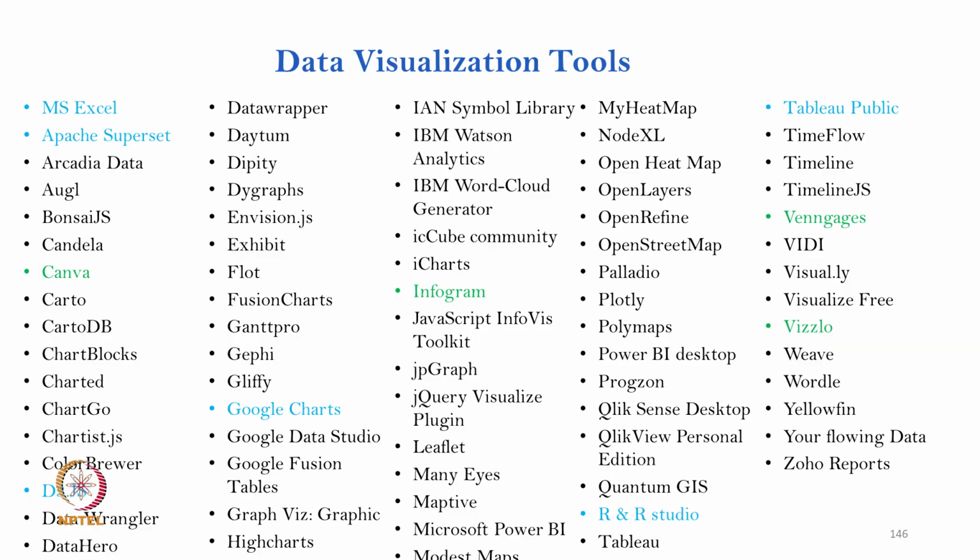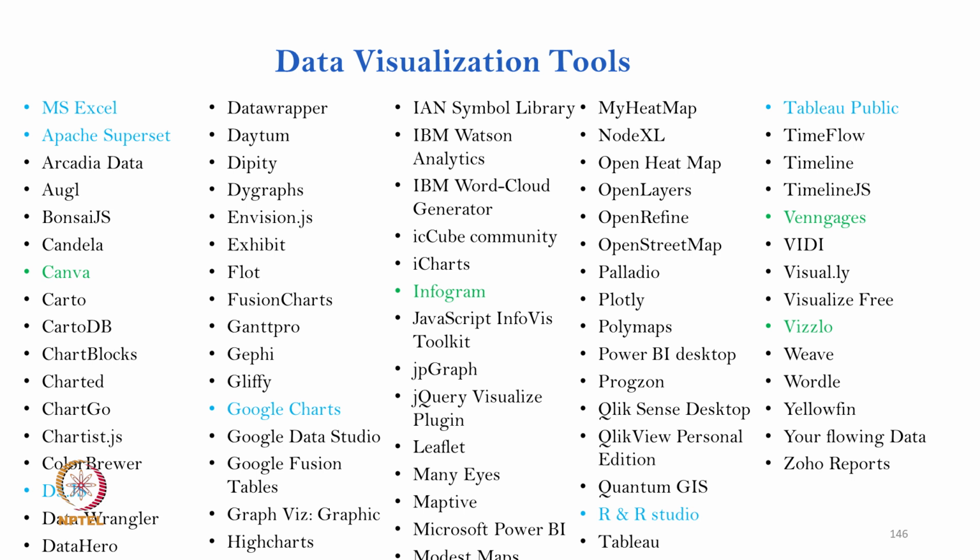There are a number of web-based and program-based software tools available to perform data visualizations. We have listed them on the screen. I have also highlighted some of the open source ones like MS Excel, Apache Superset, Google Charts, and also Tableau Public and RStudio. We also have some online platforms like Canva, Infogram, Vizlo and Wingage.